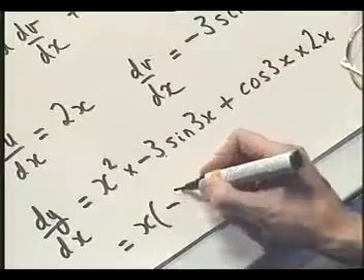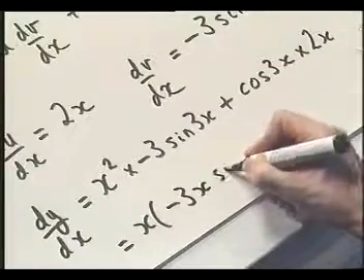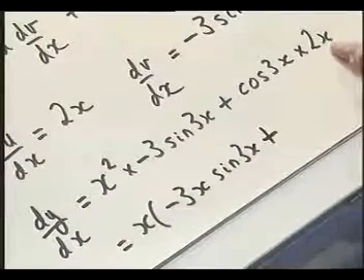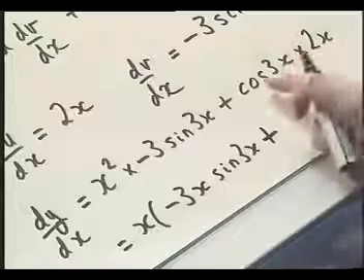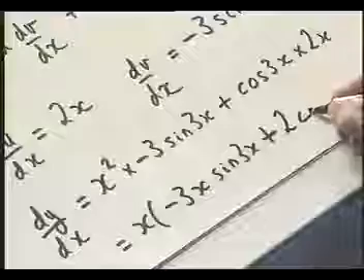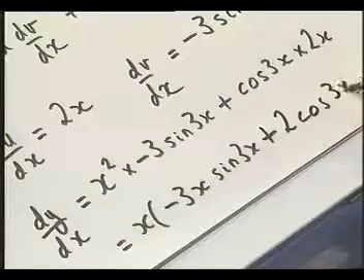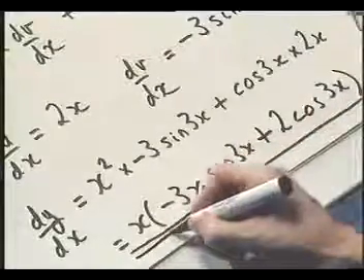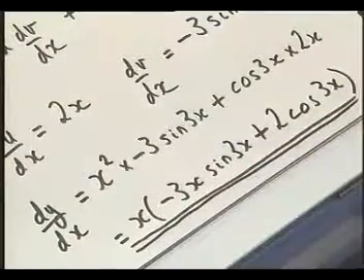So we have minus 3x sine 3x plus, now we took out the x, so we've got the 2 left to multiply by the cos 3x, and so we have 2 cos 3x, and we've closed the bracket. And there we've got that finished. And it's in a nice factorised form, so that if we wanted to do something more with it, as I said, find a maxima or a minimum, we could go on and do that.